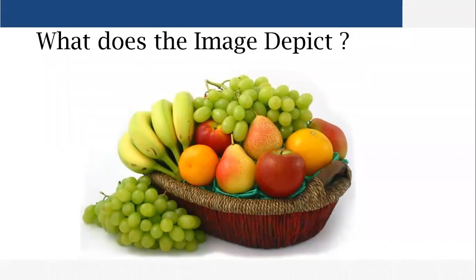Your mind has got that muscle memory. When you were in kindergarten, you were shown these images again and again, and you were told this is what an apple looks like. This is what a grape looks like. This is what a banana looks like. And that is why whenever you see an image of a banana, you are able to figure that out easily, because it's there in your muscle memory.